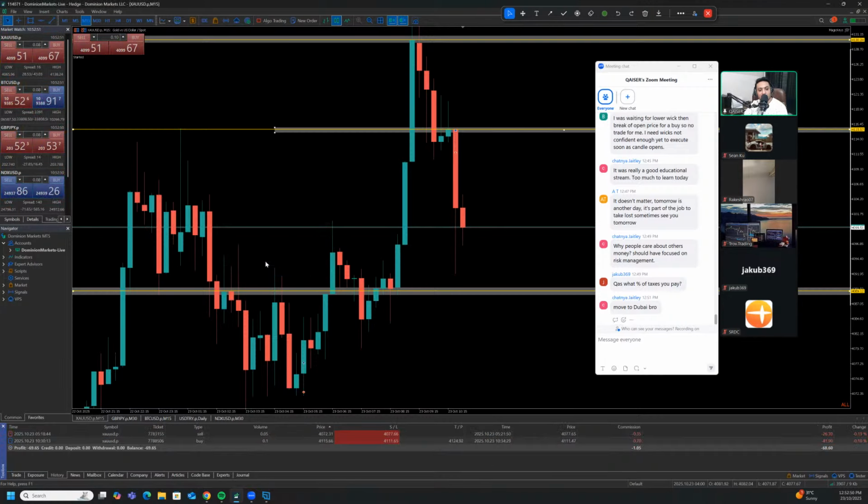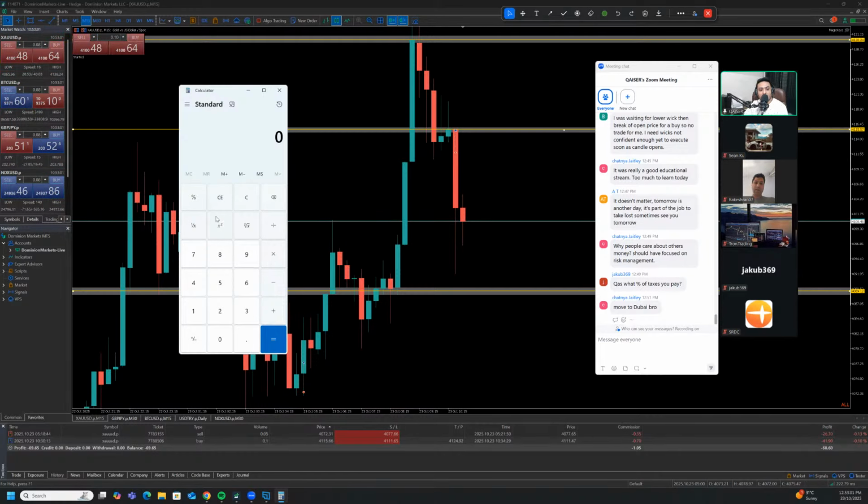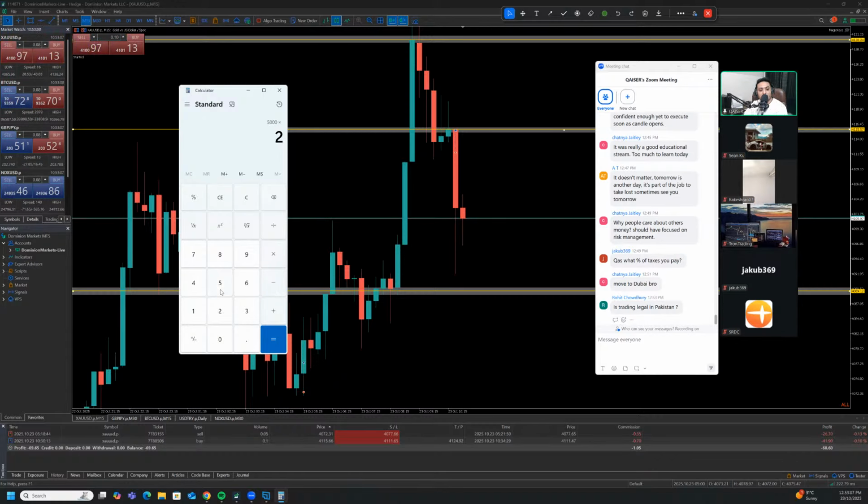Let me see this one. Calculator, how much percentage I have made, 5000 into 25 divided by 100. Okay, I made 25% this month actually. 25% of this capital of $5,000 account.